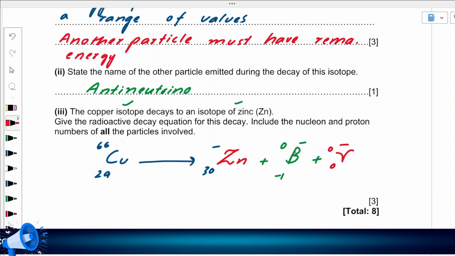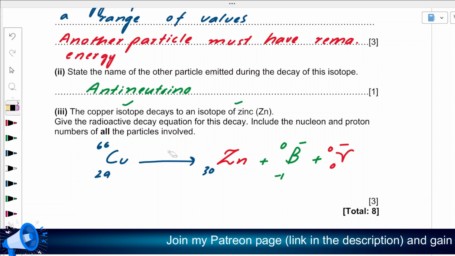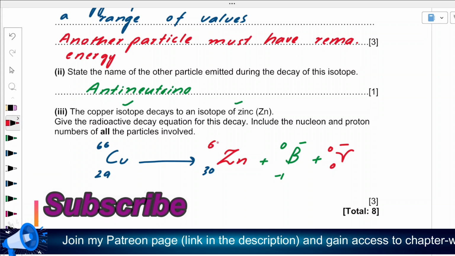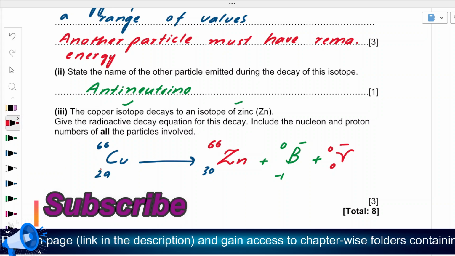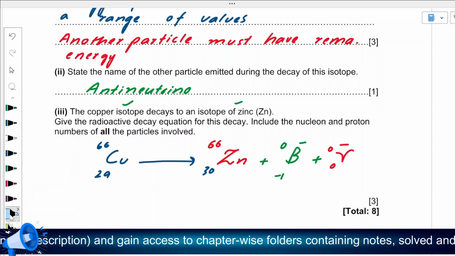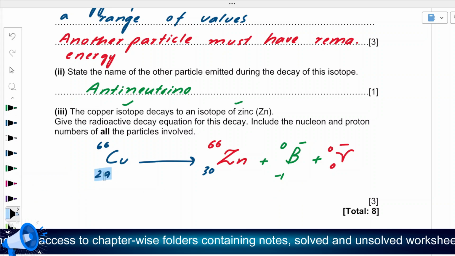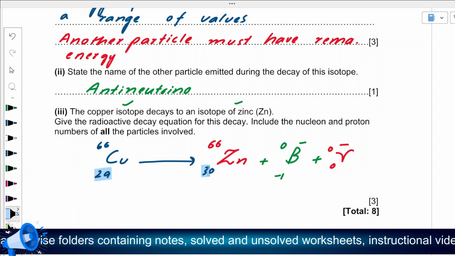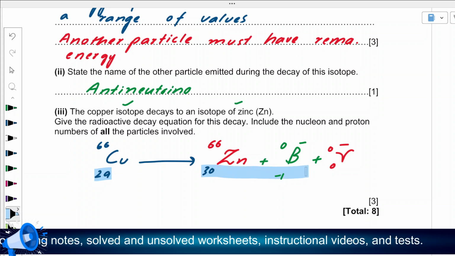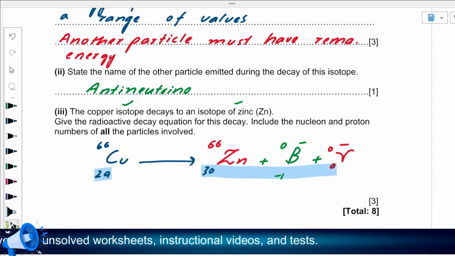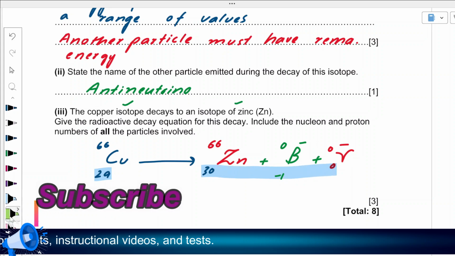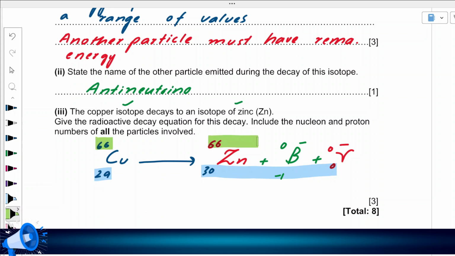On the right side, we have 0. So it would be 66 here only if we have 66 for zinc. Now the rule is the sum of these should be equal to the sum of these, and this value over here should be equal to the sum of these.